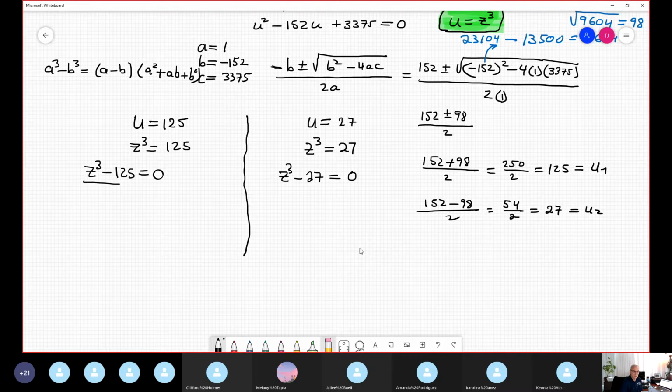You factorization this guy, and you factorization this guy. You open 2 parentheses, one short because it's binomial, and one long because it's trinomial. Binomial, trinomial.